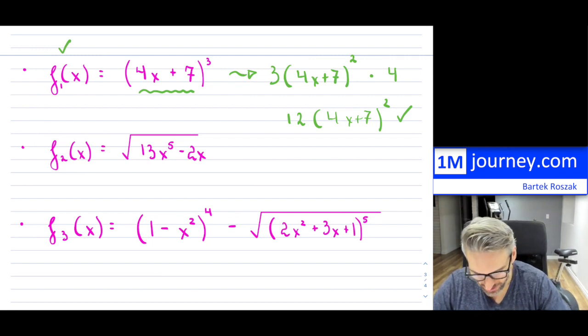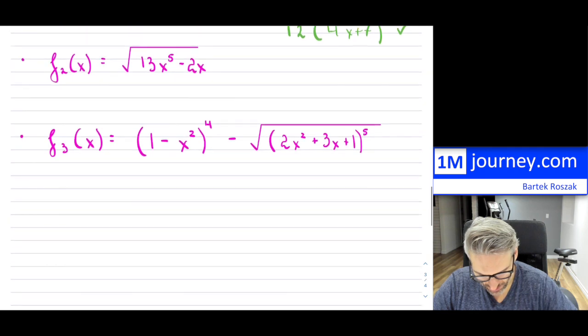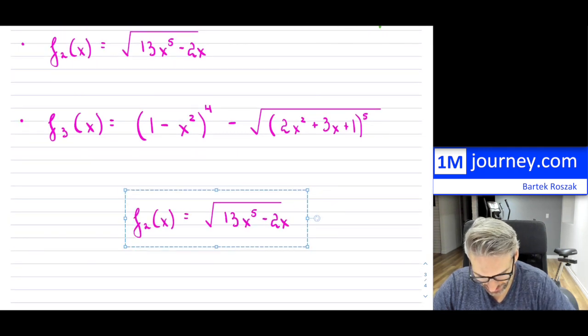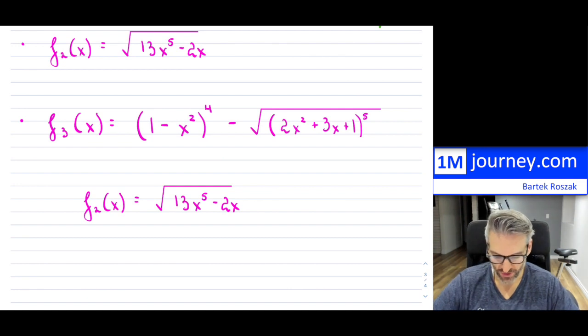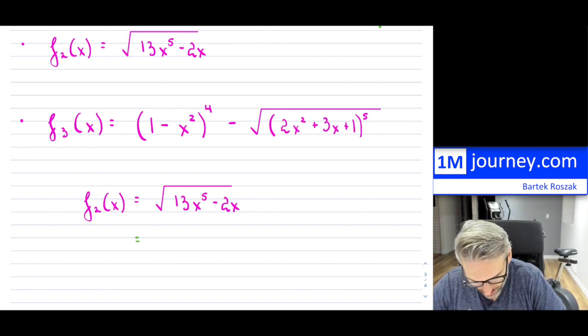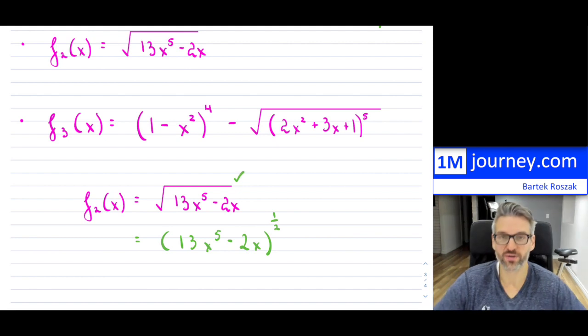How about this one? What if I would take this? Let me copy this. I'm going to bring it down right here and now try to apply the chain rule. I'm going to rewrite this first as (13x to the 5 minus 2x) to the 1/2, because we have a radical.